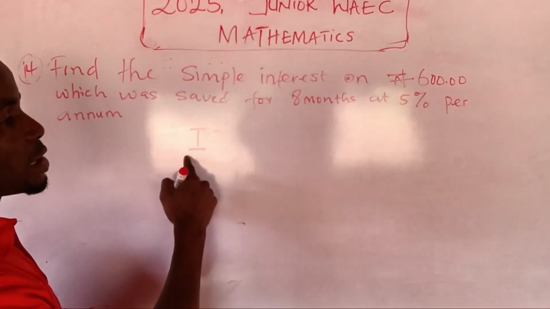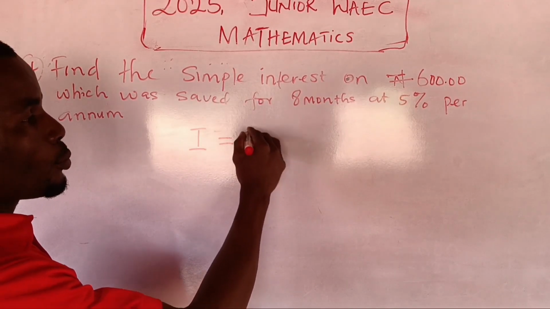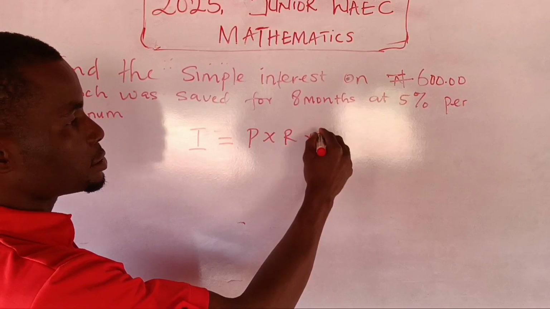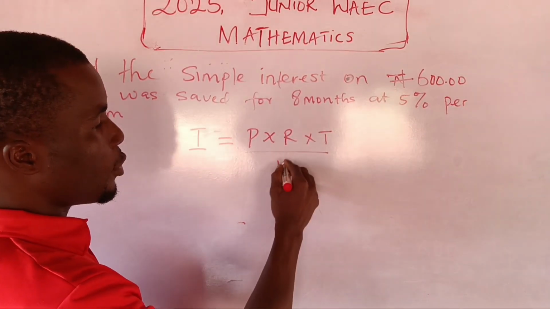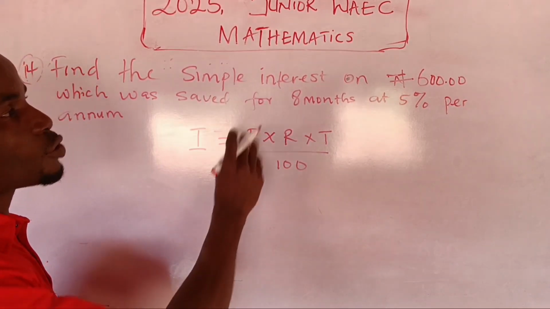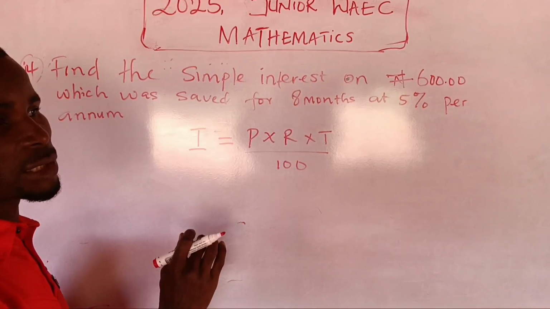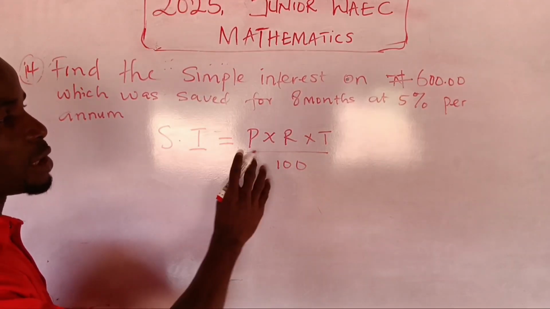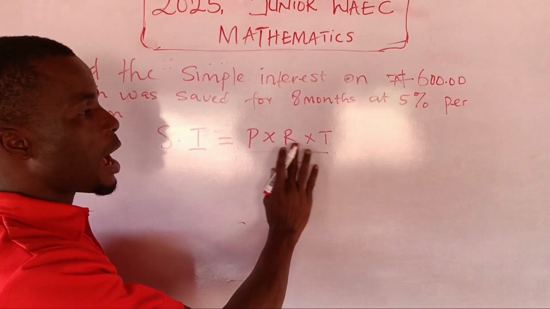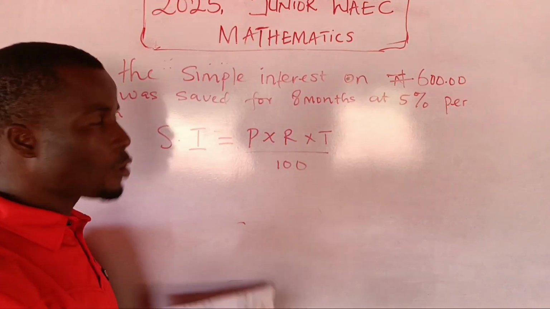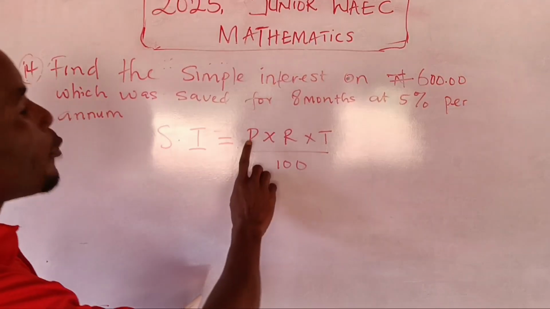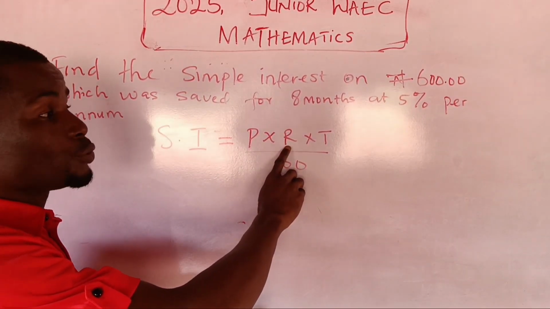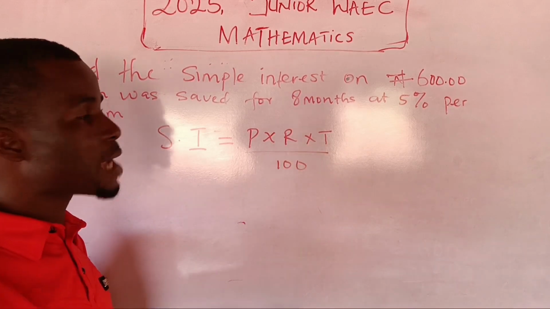Simple interest equals P times R times T over 100. So they ask us to look for the simple interest. The simple interest, you can say SI, equals P times R times T over 100. So to solve this, our P represents principal, our R represents rate, and our T represents time.